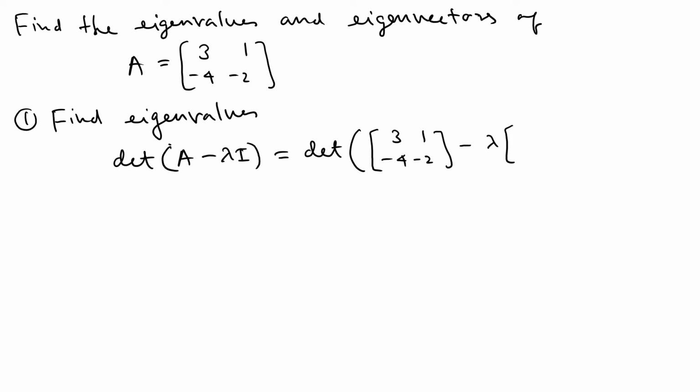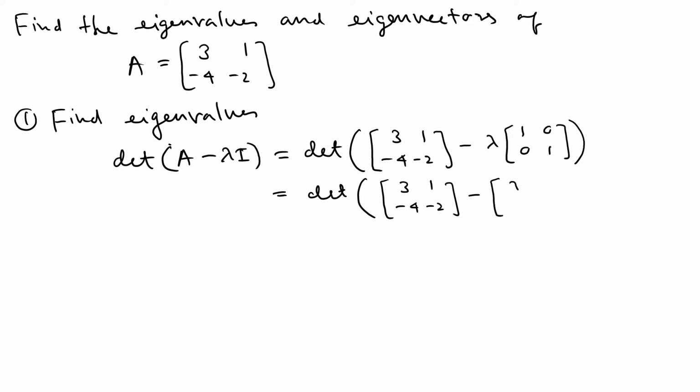Since this is a 2x2 matrix, we write the 2x2 identity here. If it's a 3x3, you have the 3x3. Let's simplify inside: 3, 1, negative 4, negative 2, minus lambda times the identity, which means multiplying all the entries, giving lambda, 0, 0, lambda.